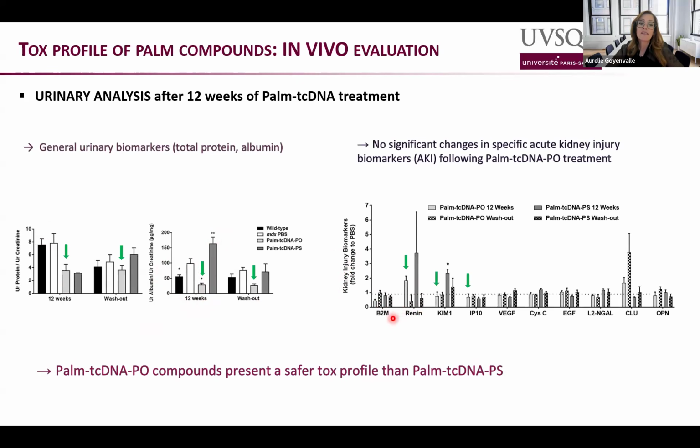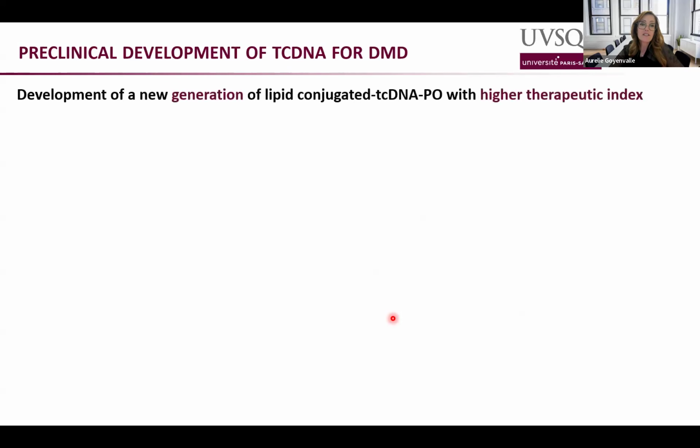So the PALM tcDNA PO definitely showed a safer tox profile than the PALM tcDNA PS. So we decided to continue with this new generation of lipid-conjugated that showed really a higher therapeutic index.